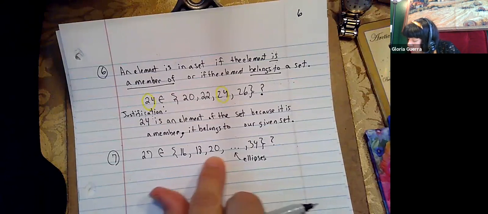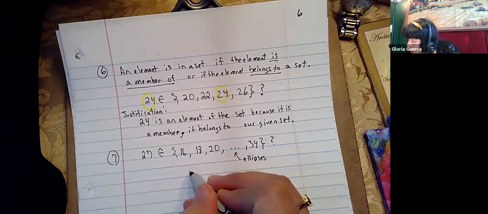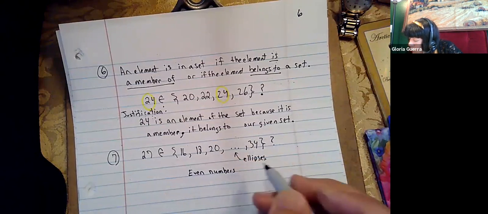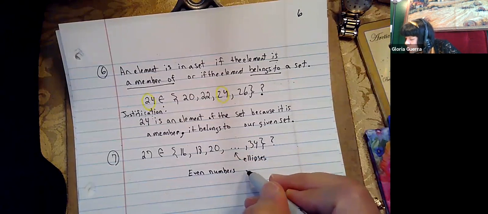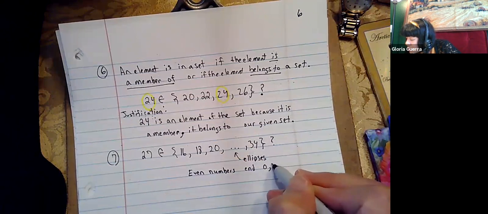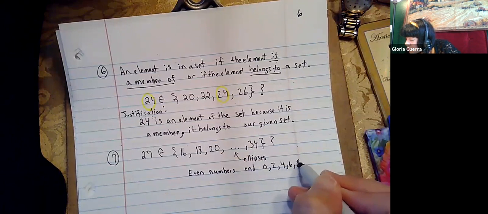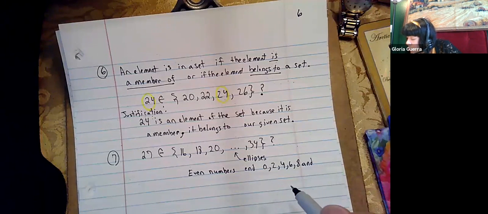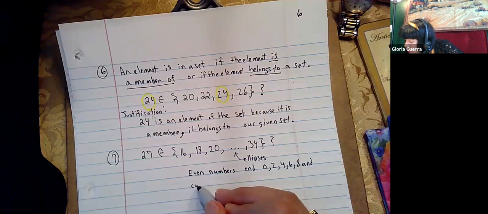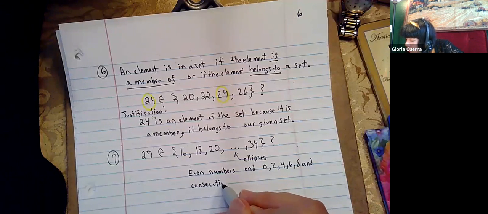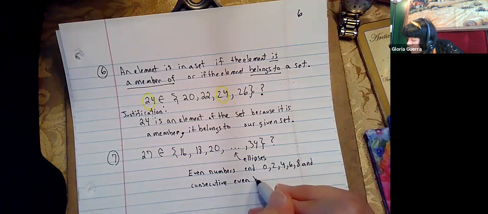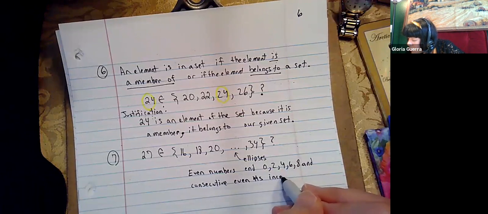So it looks like this set is comprised of even numbers, right? Numbers ending in a 0, 2, 4, 6, or 8, and also consecutive even numbers, one right after the other, that increase by 2.